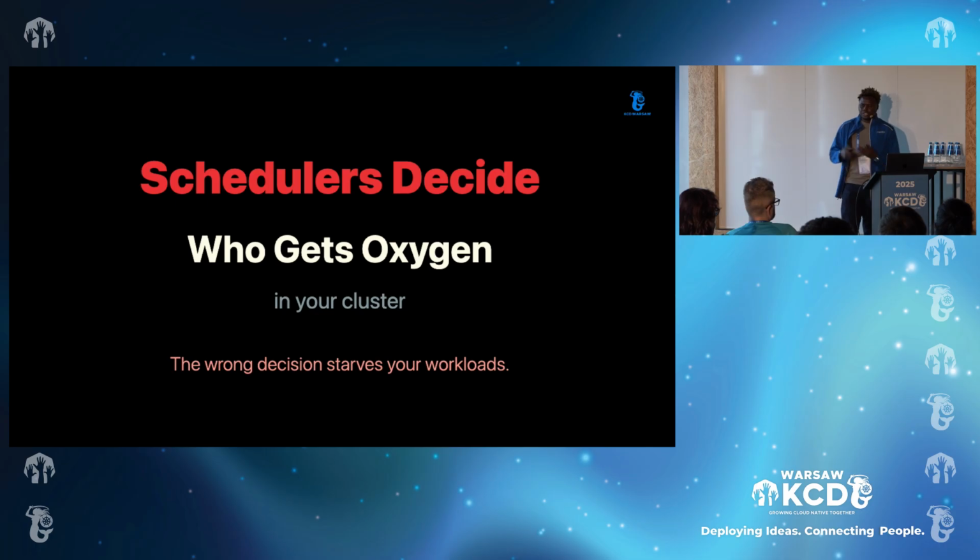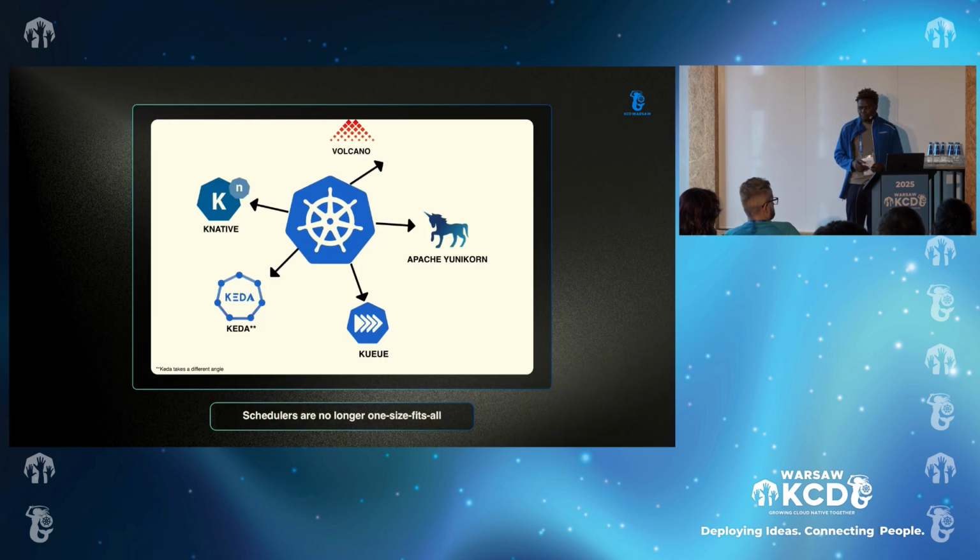So, just a recap. Remember, we have 3 challenges. Number 1, you have different workloads in the cluster that have different needs, right? We also understand that one scheduler cannot work for everything. And finally, we want to ensure that we have fairness and isolation for the different workloads, teams or tenancies that we have in the cluster.